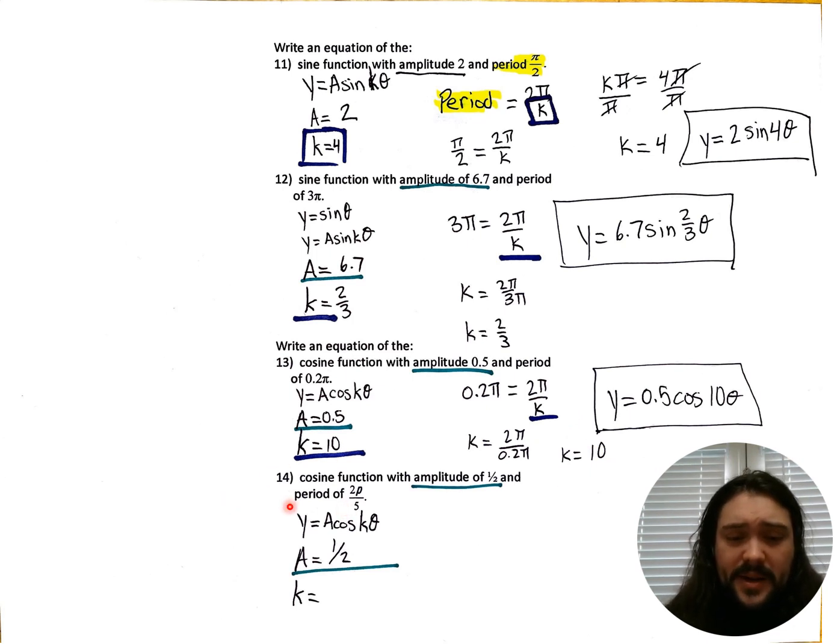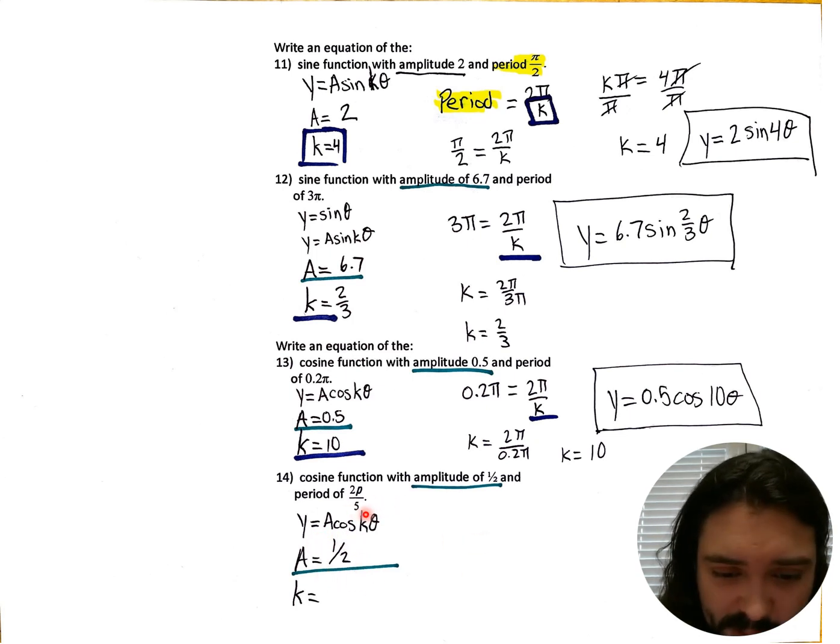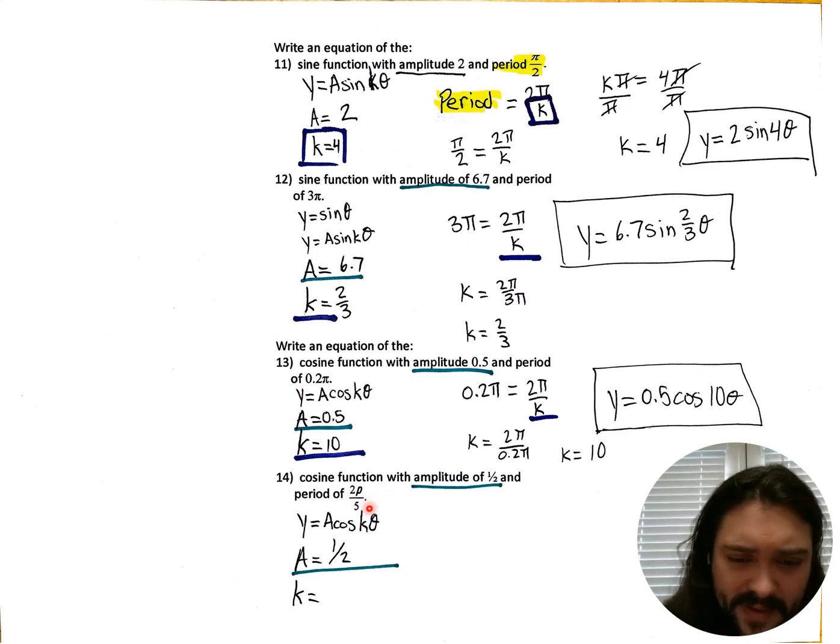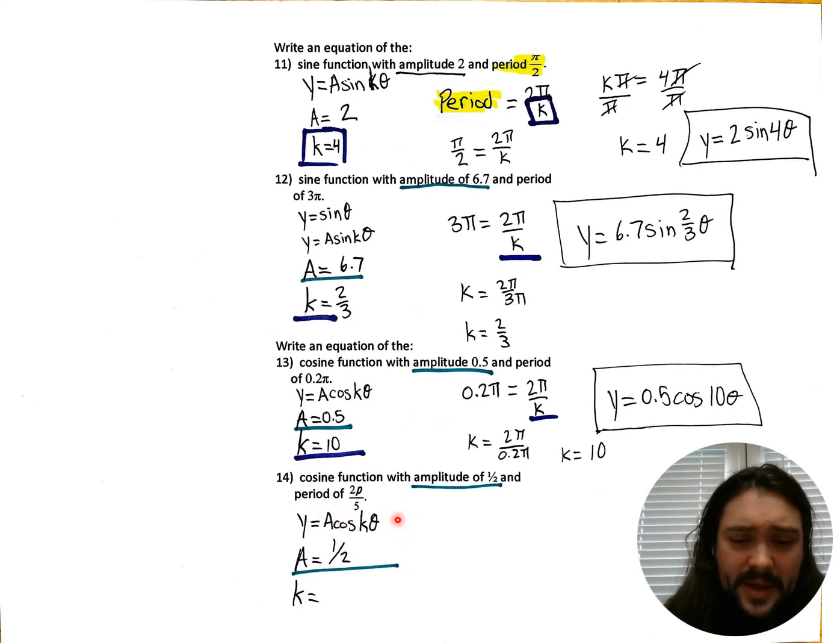Now on this next one, we get a cosine function with an amplitude of 1/2. So I know right away my amplitude is 1/2. And a period of, again, that's supposed to be 2 pi over 5. I'm not sure what happened here on my end, but 2 pi over 5, so 2 pi fifths.